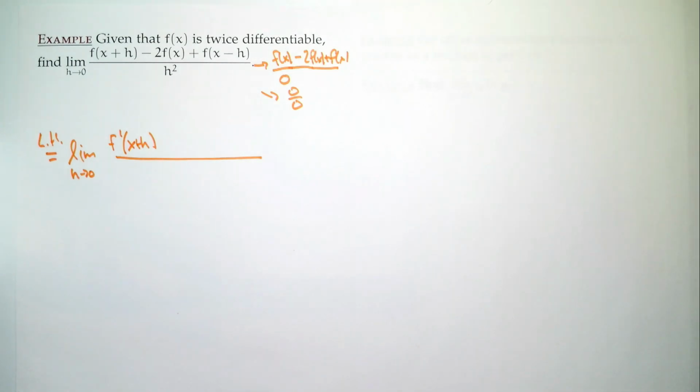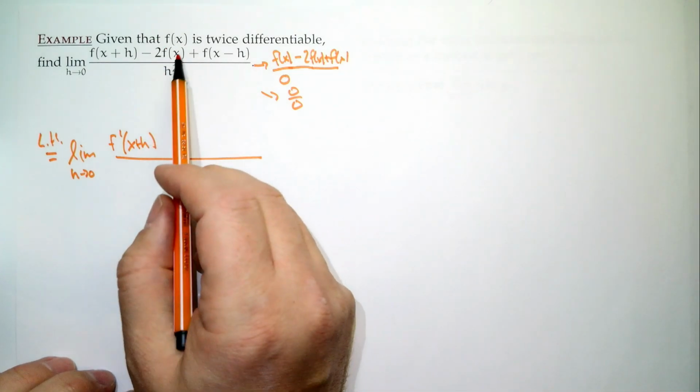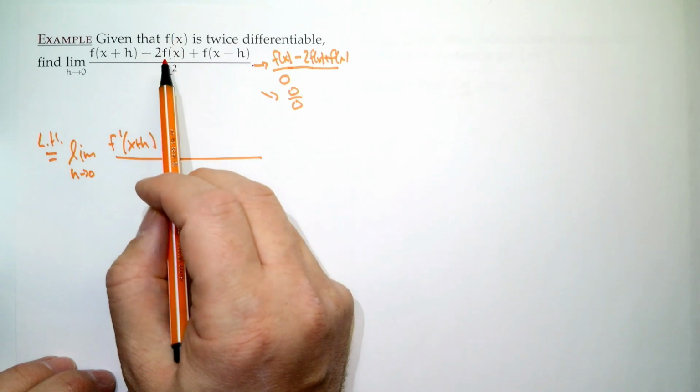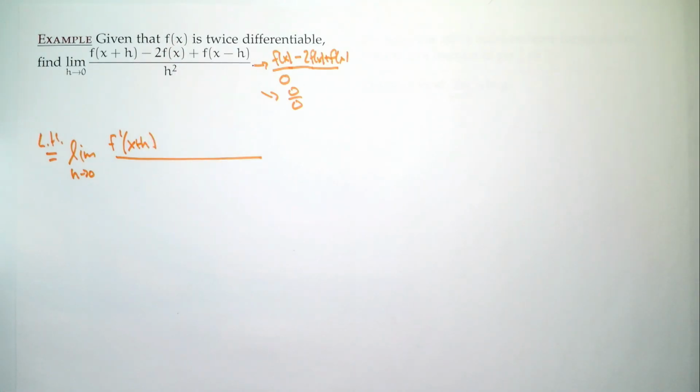Or is it something else? What do you think the next term should be? What happens when we take the derivative of 2f of x? What do we get? We get 0.